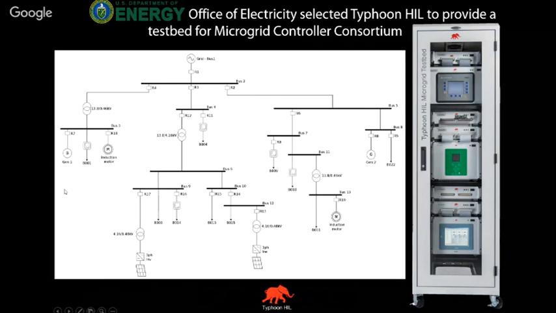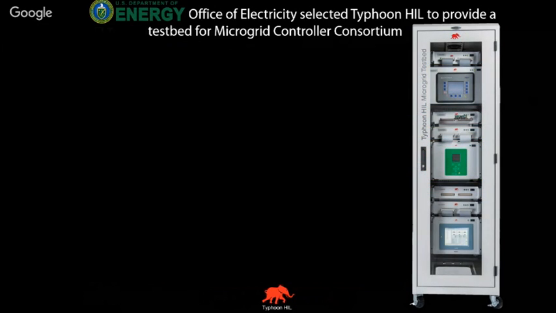This is one of the most advanced microgrid test beds that exist in the world at the moment. Of course, it can be much larger in scale. This is just a short example.